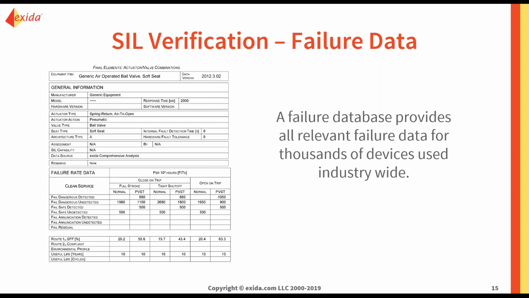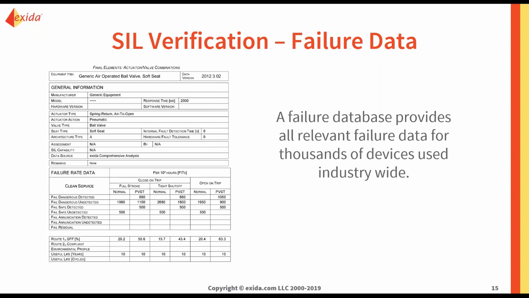Within exSILentia, you can simply choose this from a drop-down list, and it's going to autofill the data into the tool and do the calculation automatically. But it's nice to take a look at the data and understand where it's coming from. This data source is exida comprehensive analysis. We do FMEDAs to certify equipment, and we also take into account any field failure data.